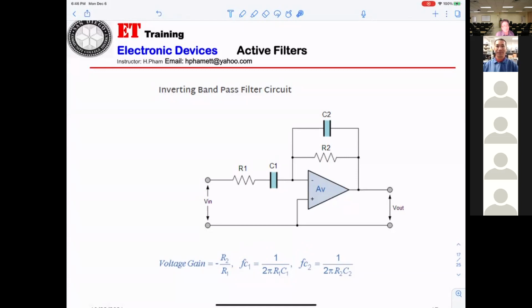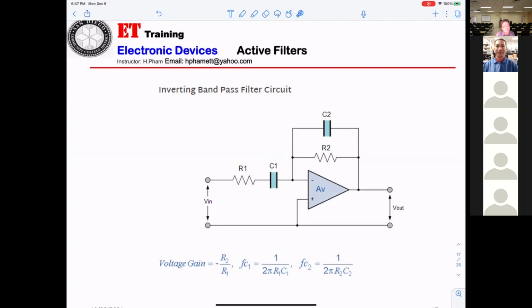This is a simple thing to show you. However, in the real world, at work, they have too many things. Okay? The only thing is they will be telling you this is the band pass filter, and they tell you also the gain if they have it.